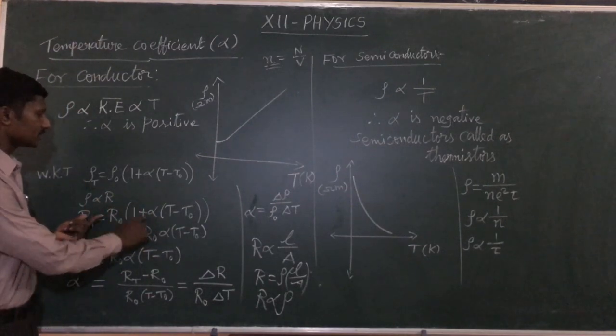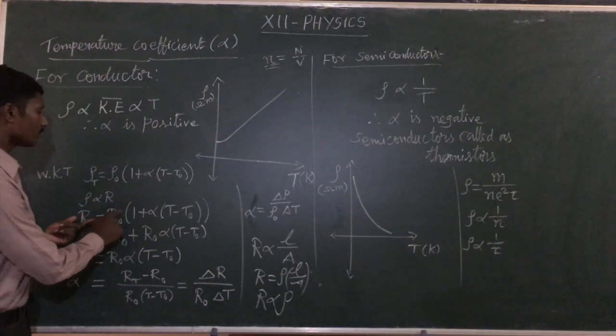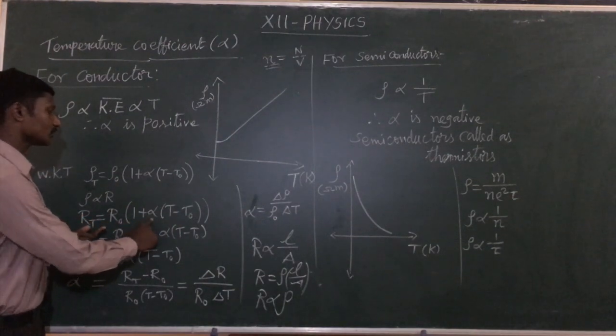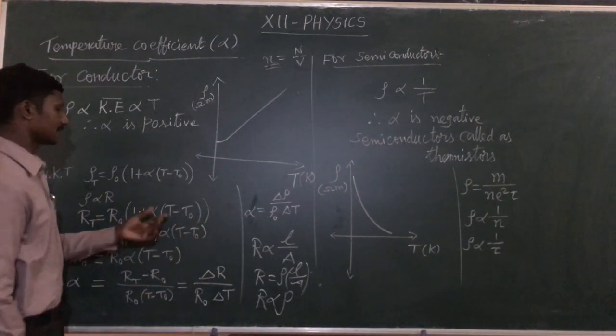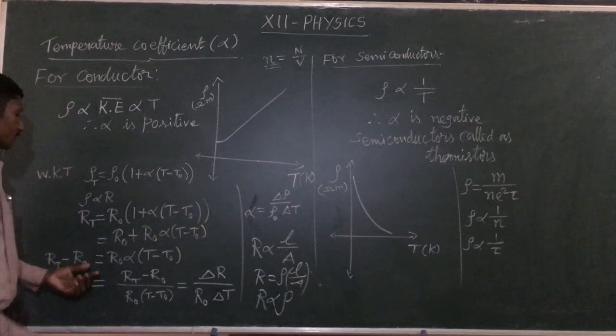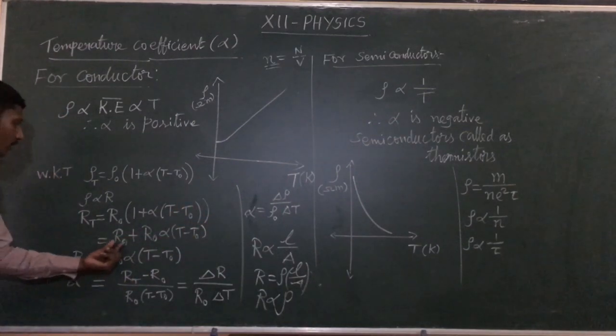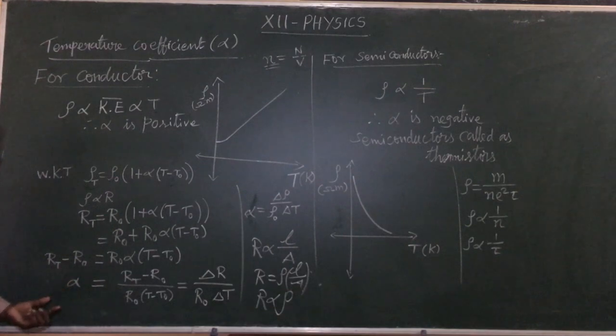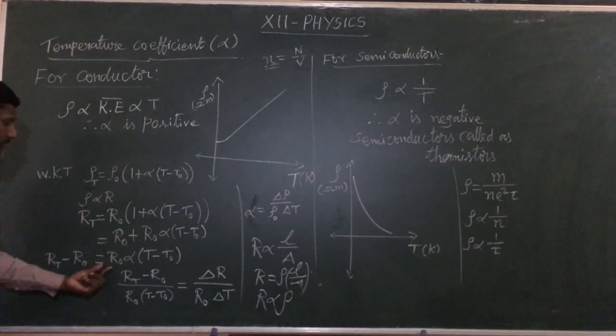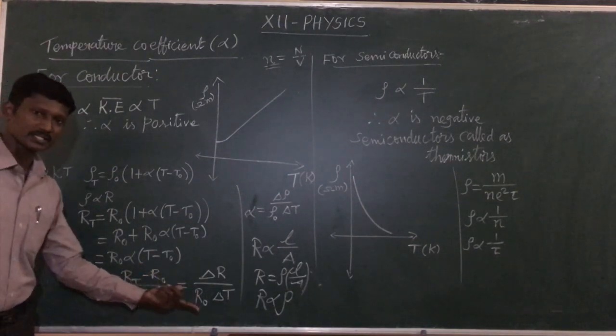Multiplying R0, we get R0 plus R0 alpha into (T minus T0). Rearranging, RT minus R0 is equal to R0 alpha into (T minus T0).